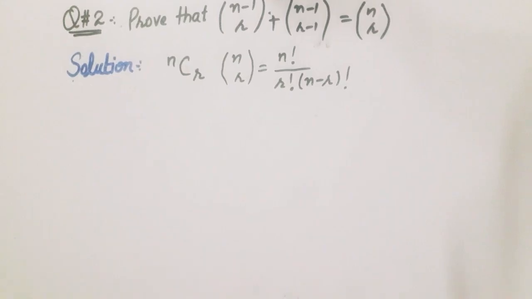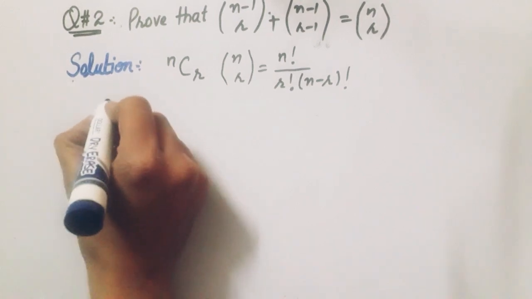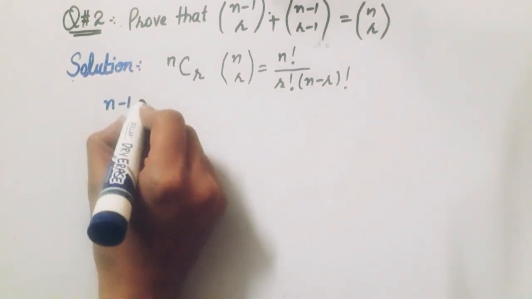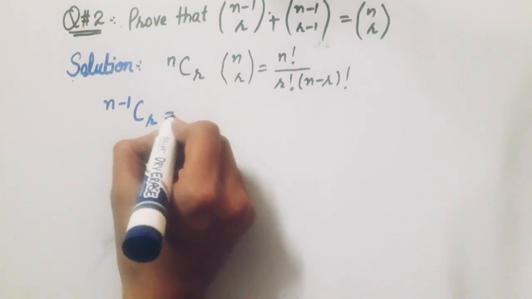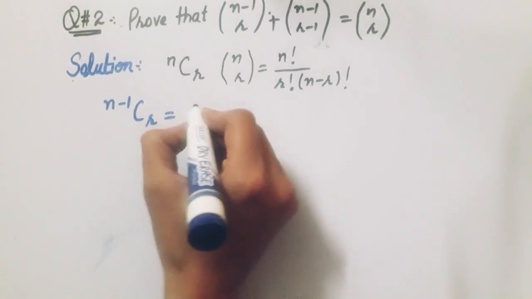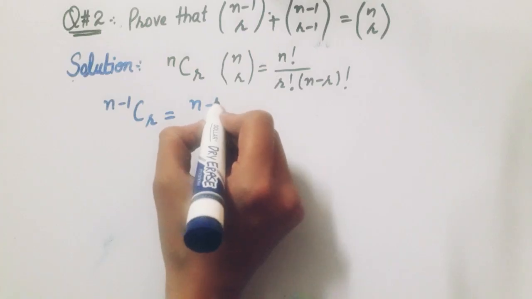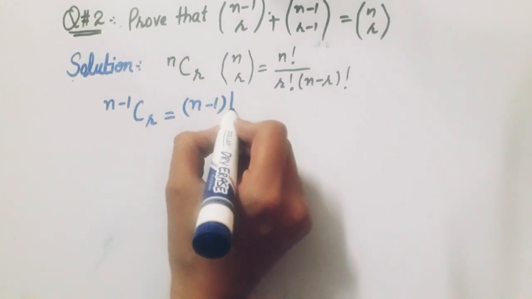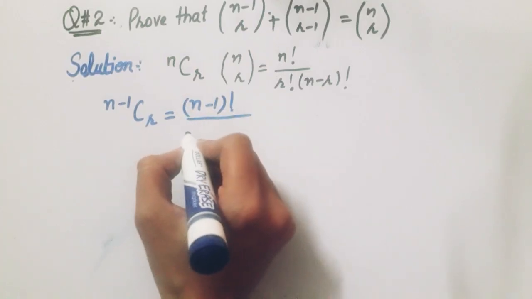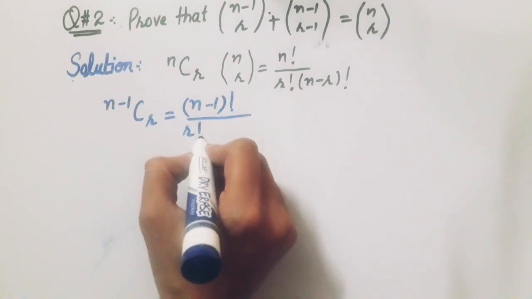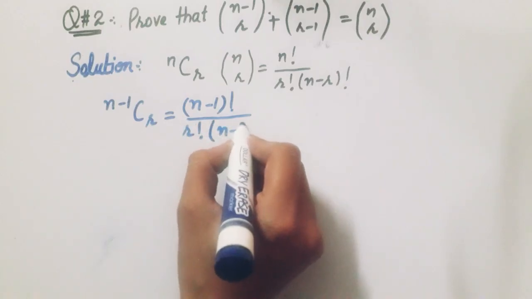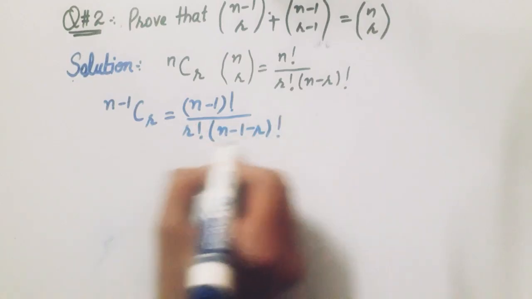First of all, we will take the left hand side, that is equal to n minus 1 C r, which will be equal to n minus 1 factorial by r factorial and n minus 1 minus r factorial.